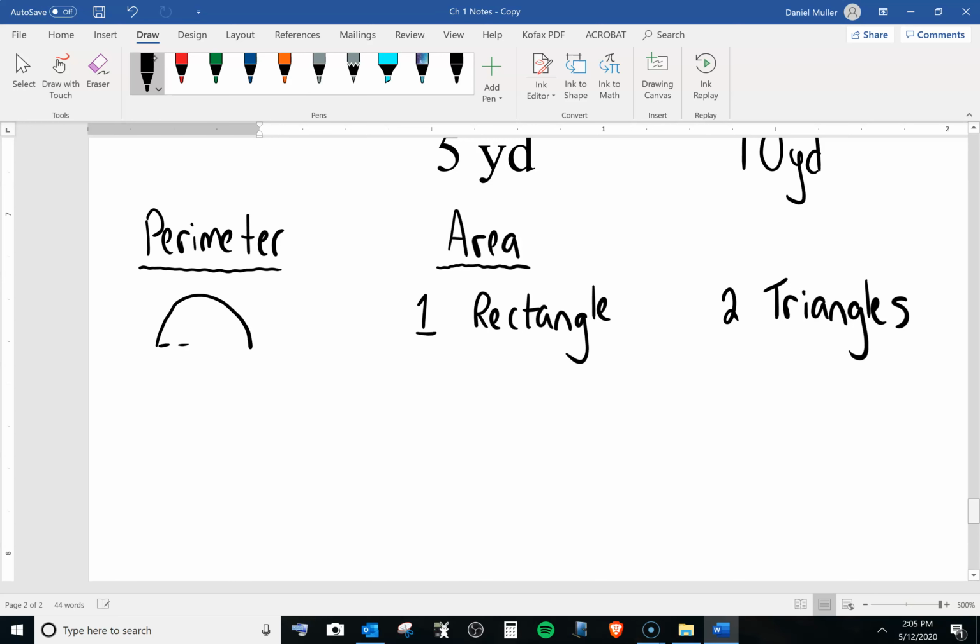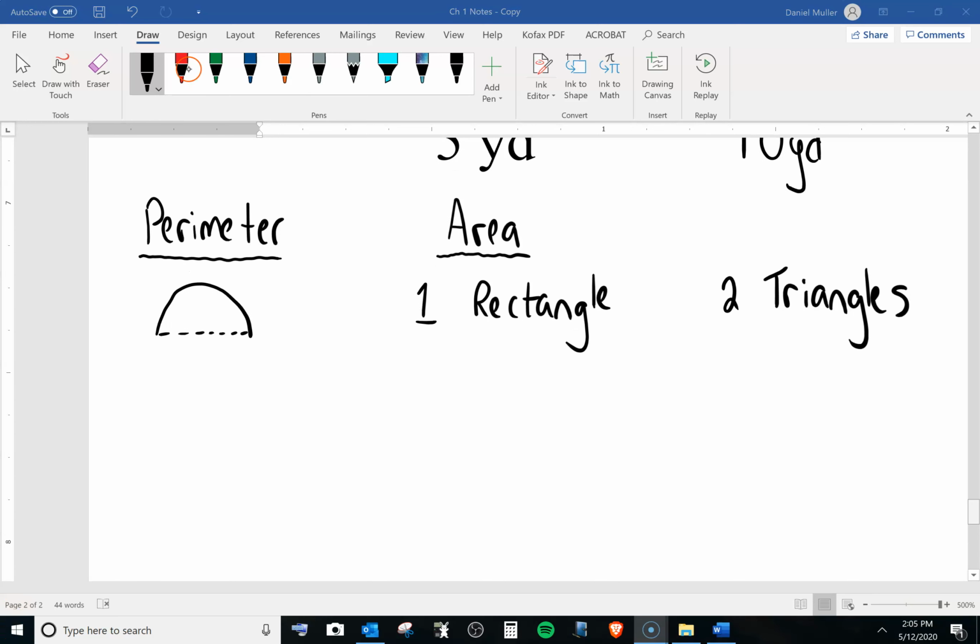Maybe I'll do a dotted line here. Now the diameter of this thing I think was 10, so this radius is going to be 5. So to find the circumference, to find the perimeter, it is 2 pi r.